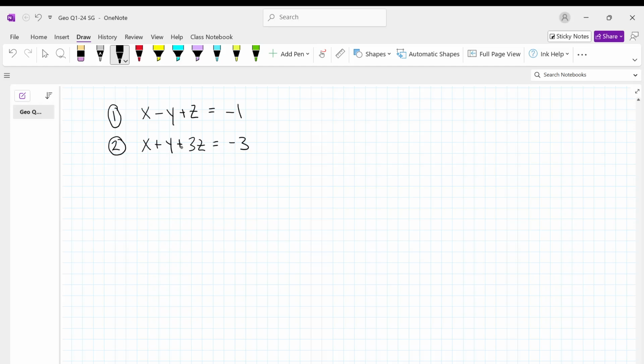I'm going to combine this same equation 2 with equation 3. And equation 3 is 2x minus y plus 2z is equal to 0.